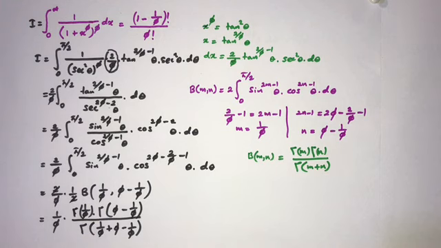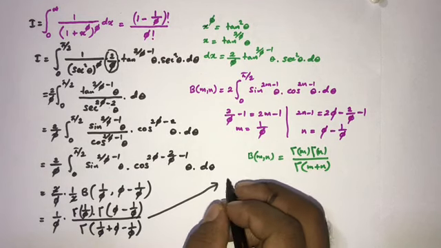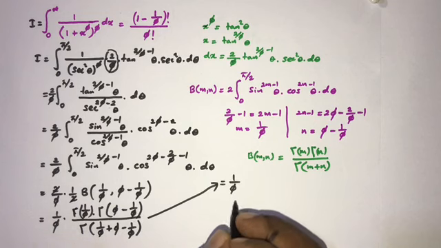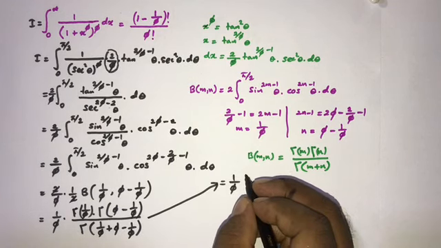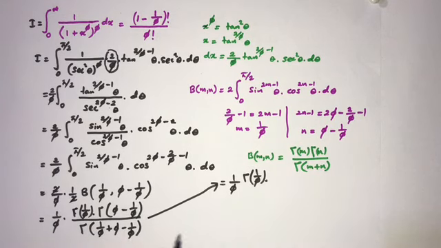Okay, now we can simplify. So we can write here 1 over 5, here gamma of 1 over 5 times gamma of 5 minus 1 over 5.